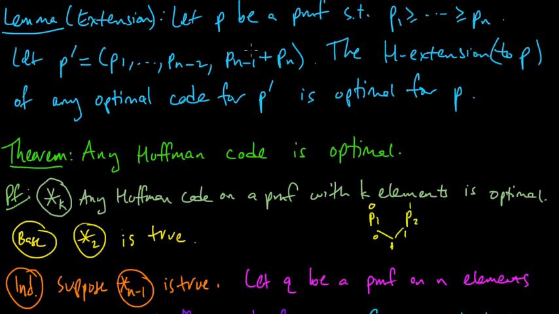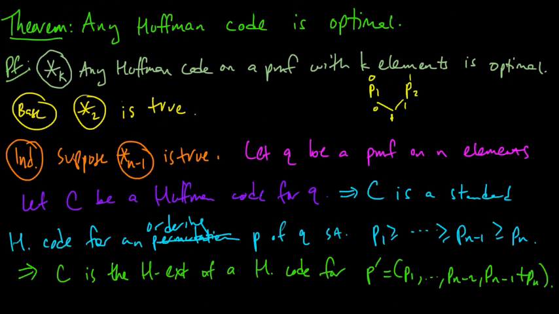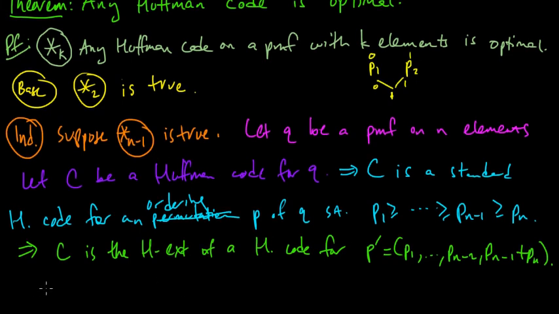P prime is a PMF on n-1 elements. So the Huffman code on P prime that this C is the H extension of must therefore, by our induction hypothesis, be optimal. So that code is optimal, and therefore C is also optimal by the extension lemma.